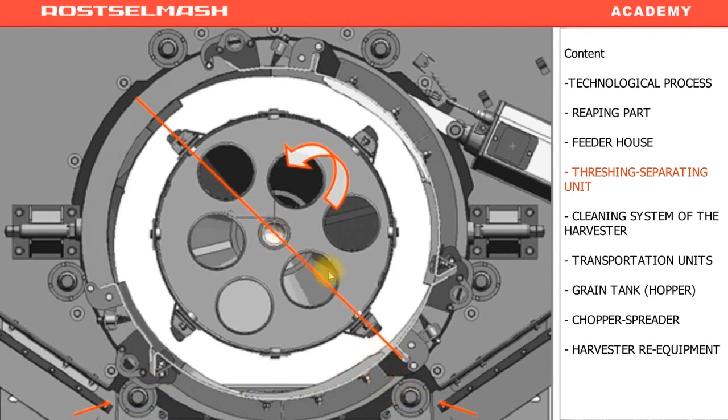After the adjustment, tighten the lock nuts to fix the rollers. We place the rest of the 4 rollers so that the clearance is not more than 2 millimeters. So the clearance between the rollers and the concave frame must not exceed 2 millimeters.